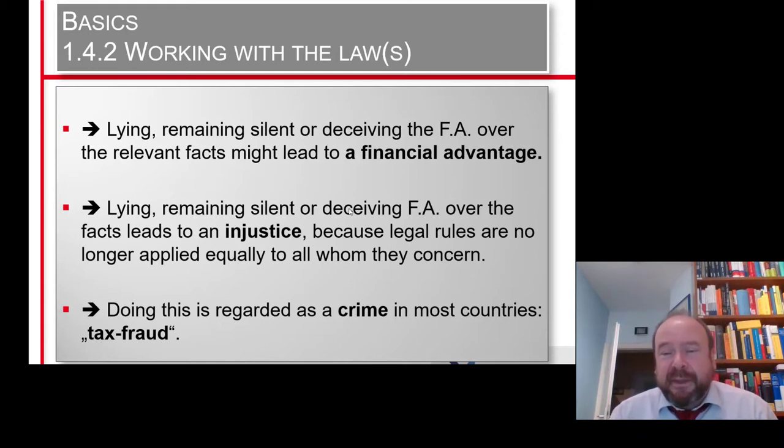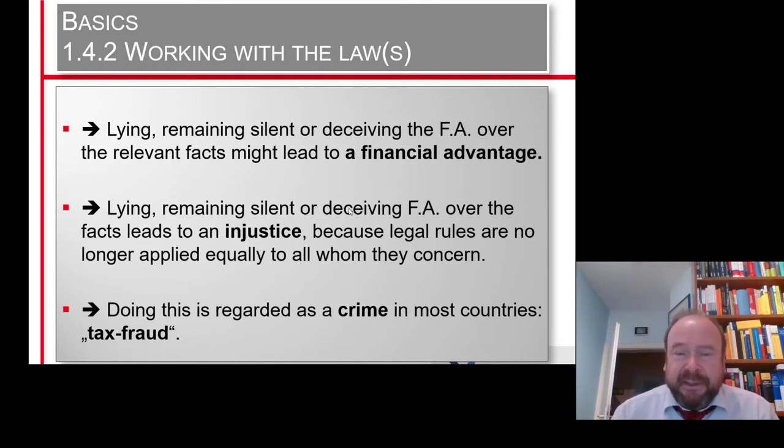So lying to tax is usually a grave criminal offense under the laws of a state because it entails massive additional payments for the other half of the population, and it endangers the very functioning of the state because it endangers the fiscal or monetary basis of the state's activities.